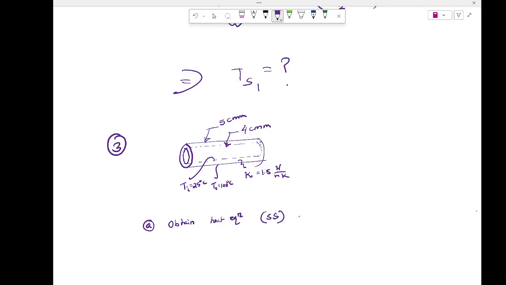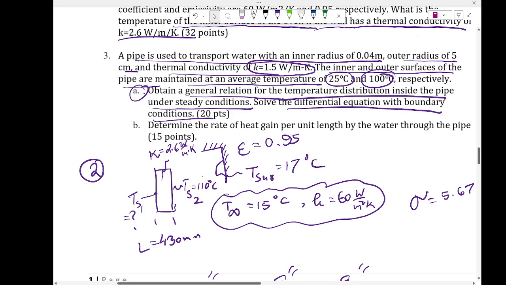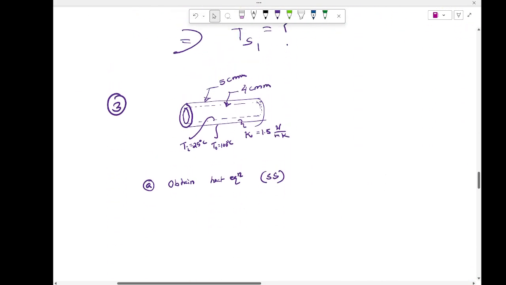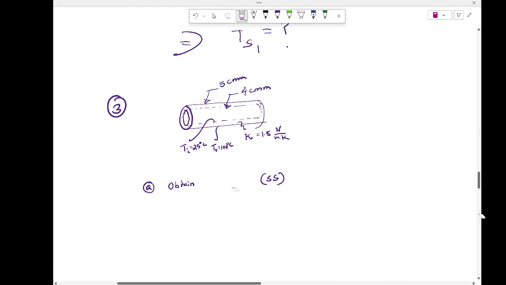What else did they give? Did they give any other condition? No. Inside the pipe under steady state. Okay, general equation of the temperature distribution inside the pipe. Solve the differential equation with boundary condition. Oh, so they are asking, okay, not obtain that at all.